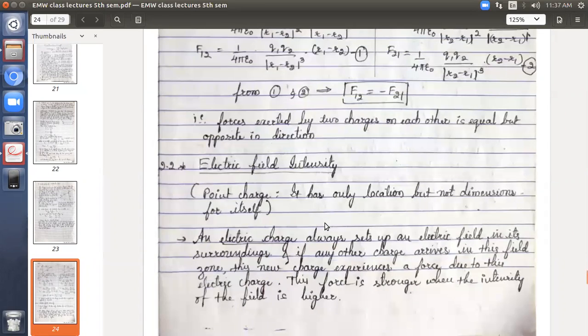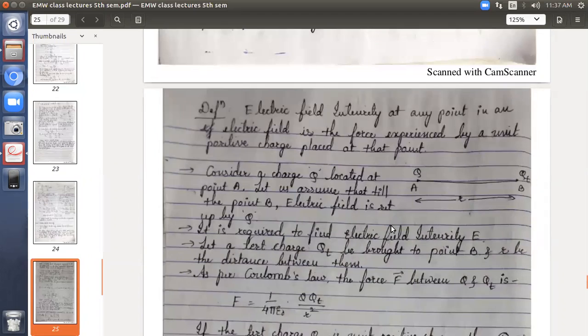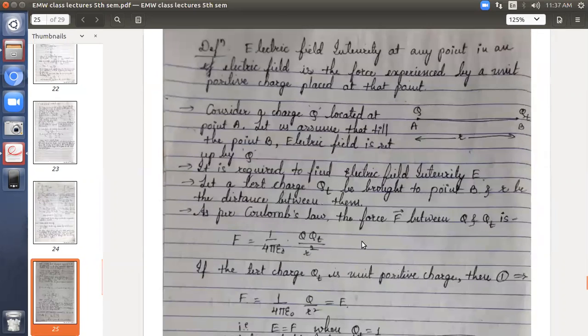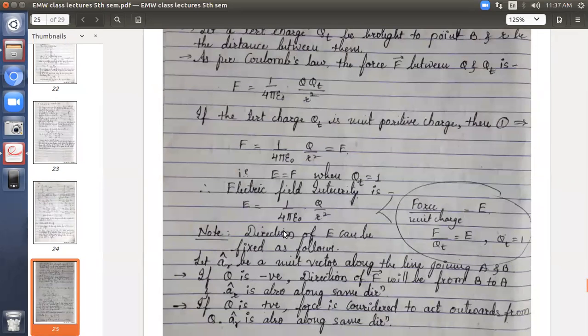Then we went for electric field intensity. We have defined what electric field intensity is. Just by doing some modifications in Coulomb's law of force, F, we have arrived at E is equal to F by Q, where a test charge Qt is taken equal to 1. So out of Coulomb's law, Q1 and Q2, Q2 will be replaced with Qt and Qt is equal to 1.